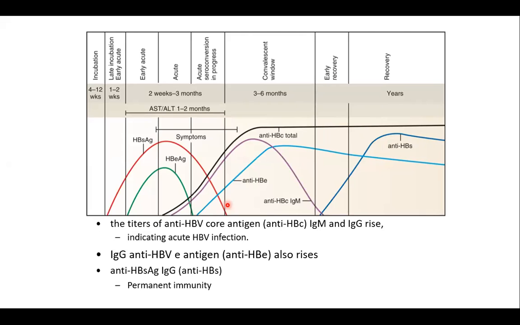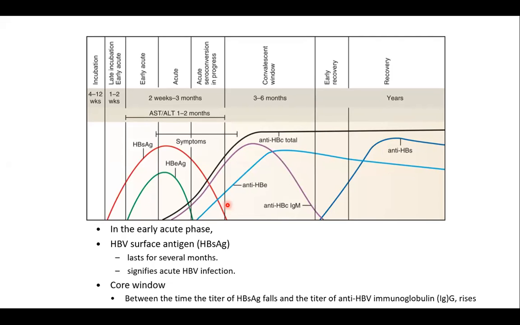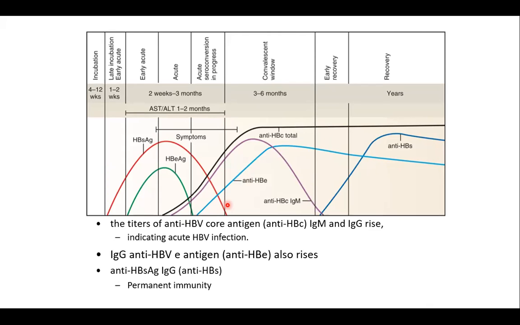There is a time gap. It is also called the core window, a period in infection when neither the HBsAg nor the anti-HBs immunoglobulin can be detected in serum. Next, please.